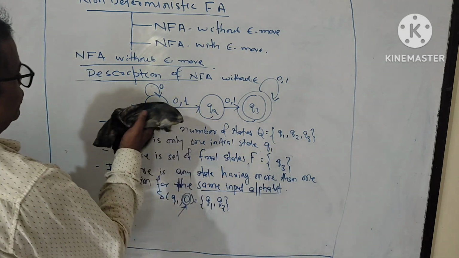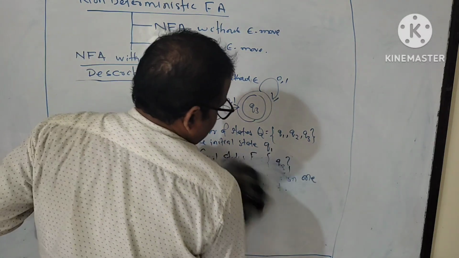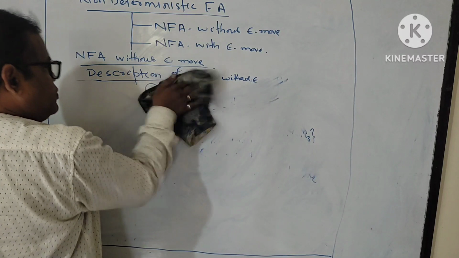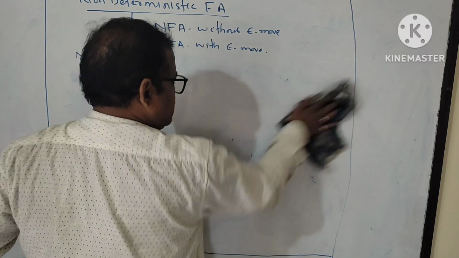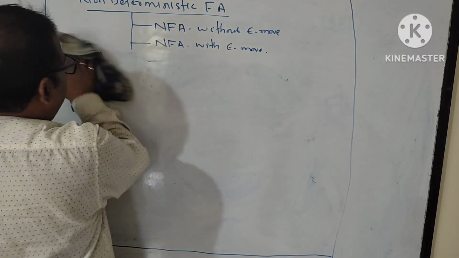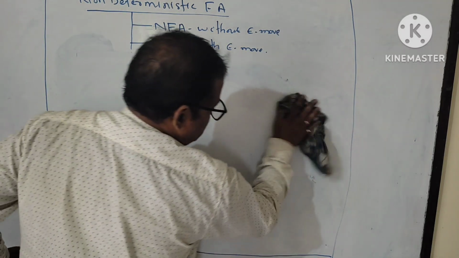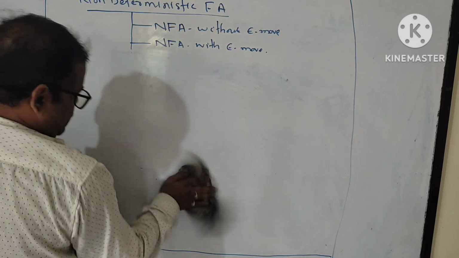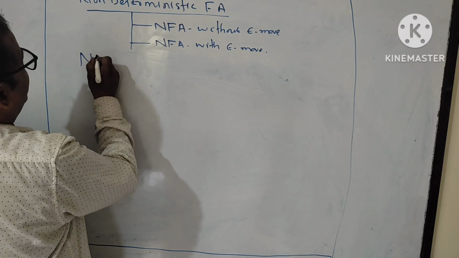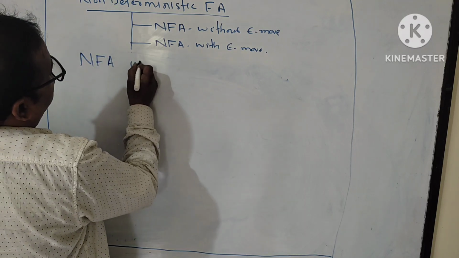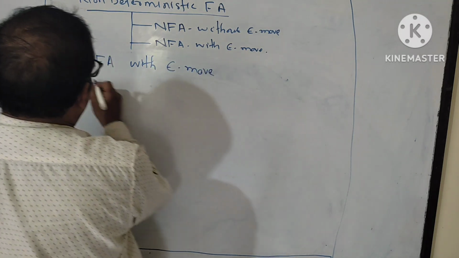Now we will go to the next category, that is called NFA with epsilon move. What property holds good here?